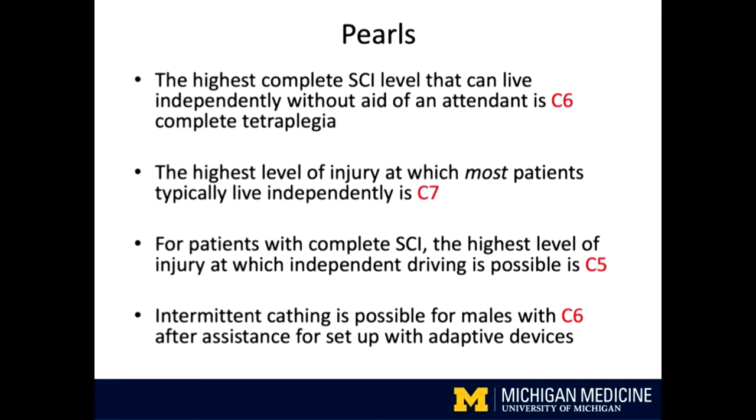The reason why auto covers attendant care at one level and regular insurance companies don't comes from these studies. So a patient who is a C7 spinal cord injury, but 25 or 29 years old with fewer comorbidities, should be able to live fairly independently without the assistance of an attendant.